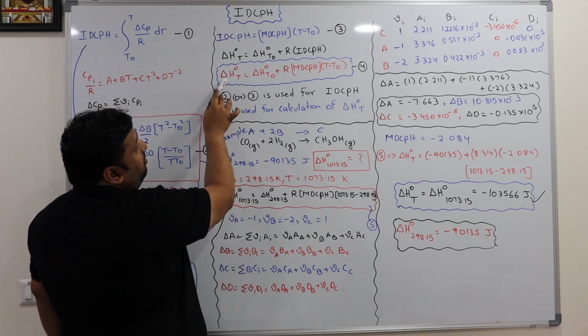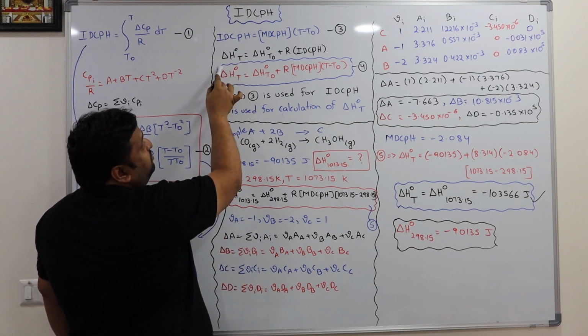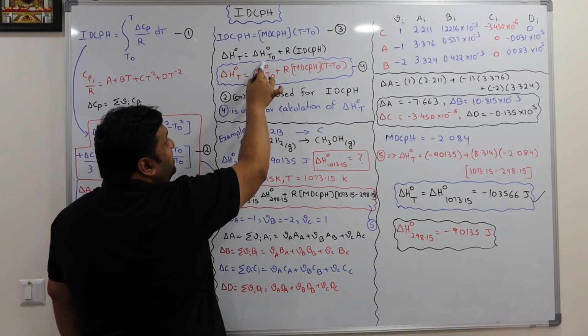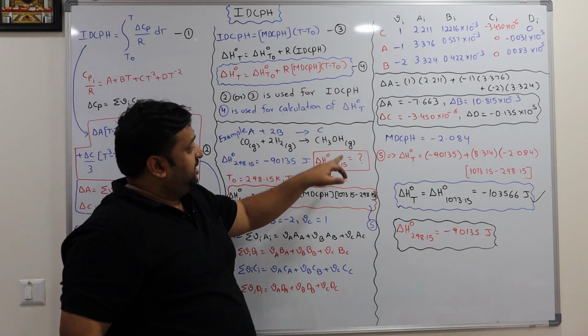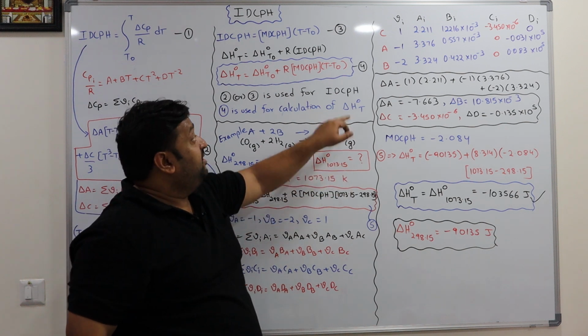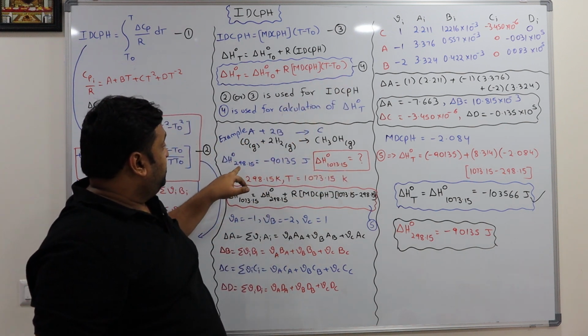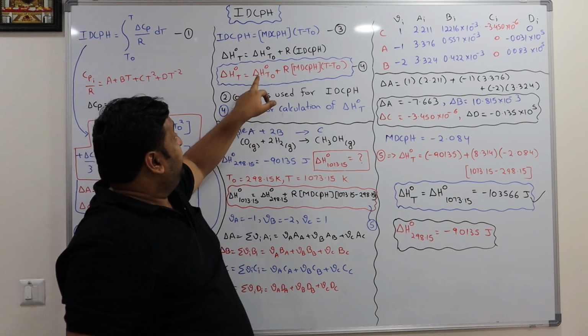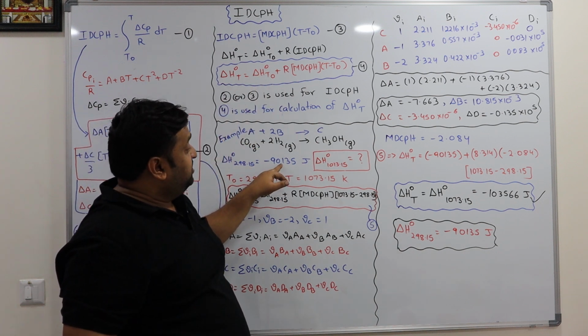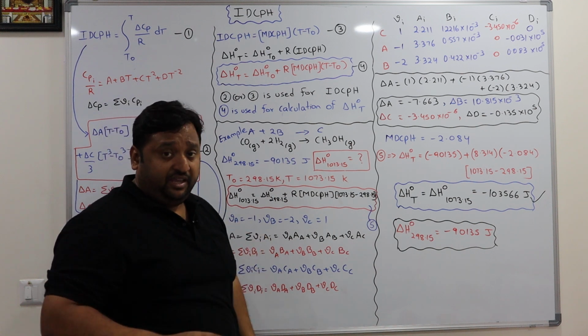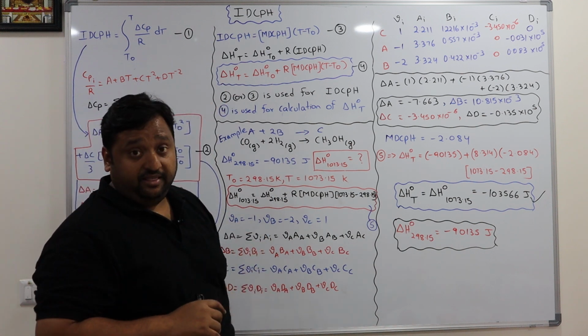You have to apply this formula to calculate this particular term, given this and this. I know T is 1073.15, T0 is 298.15, and delta H at the reference temperature is minus 90135 joules. Given everything, you have to find this particular enthalpy of the reaction.